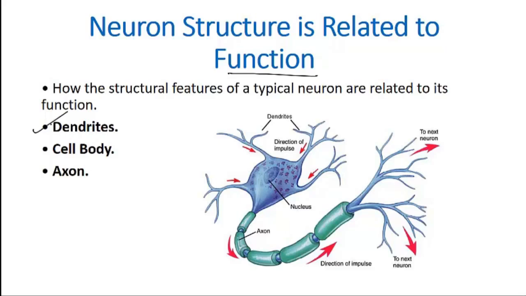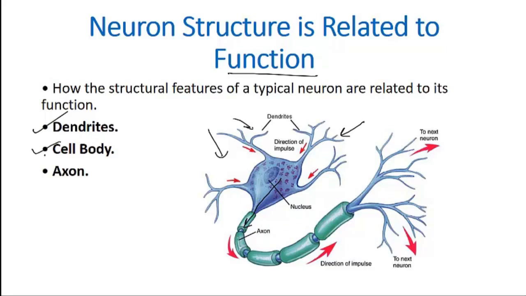Among them, dendrites are the receptive part. The branched dendrites receive signals coming from other cells and channel them through the cell body and ultimately to the axon. So they actually gather the incoming signals.